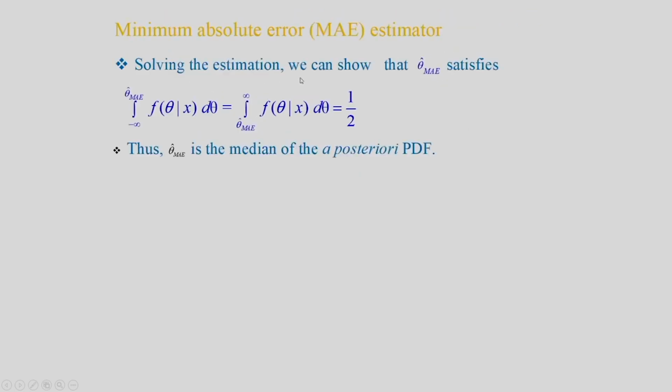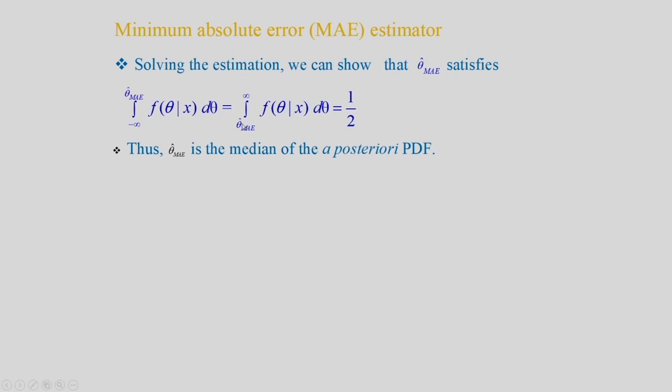Solving the estimation problem, we can show that theta hat MAE satisfies this equation, that is, the integration from minus infinity to theta hat MAE of f of theta given x d theta is equal to the integration from theta hat MAE to infinity of f of theta given x d theta, and this is equal to half.